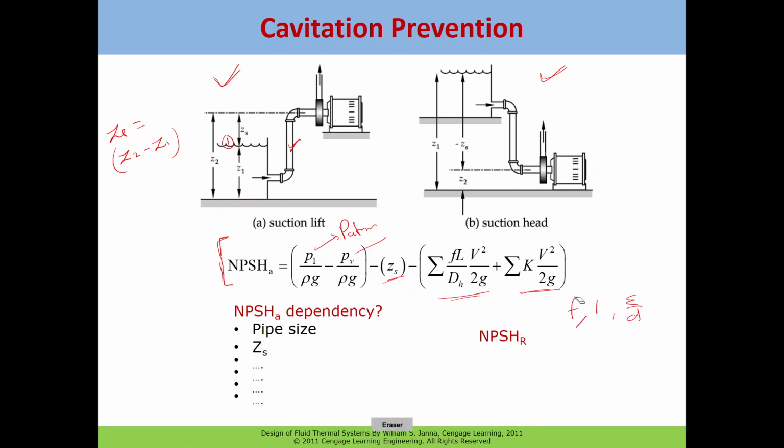Once we know the velocity, the diameter and the length, we can calculate the Reynolds number, epsilon over d, and the friction factor. If in any design the diameter, the length and the fittings information are given, then we can calculate these terms and substitute them to find the net positive suction head available for this system.